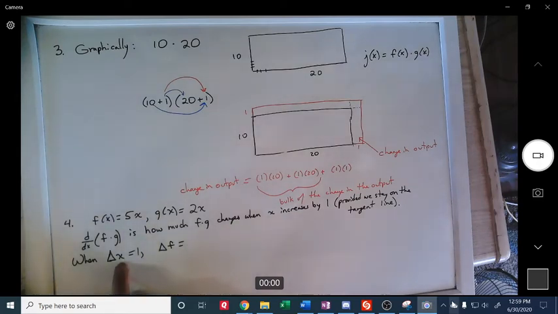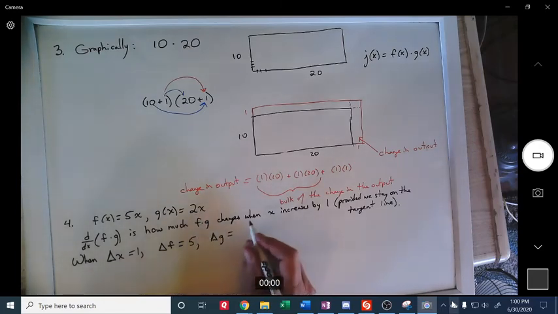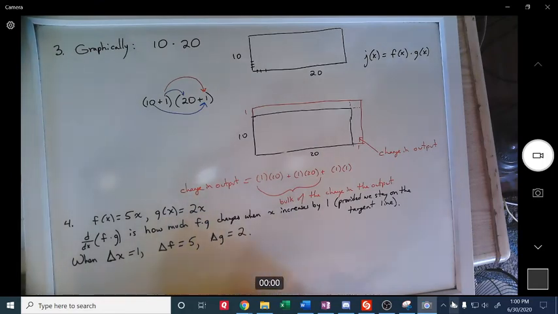Well, every time x increases by 1, f of x blows that change up by 5 times as much. And the change in g is going to get doubled, so it'll be 2.